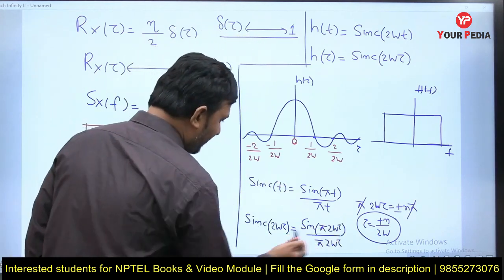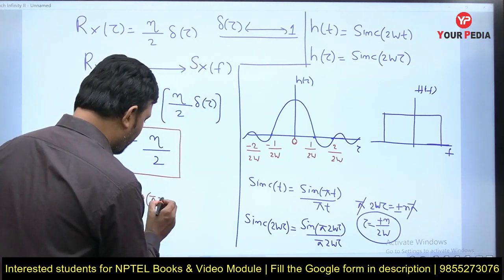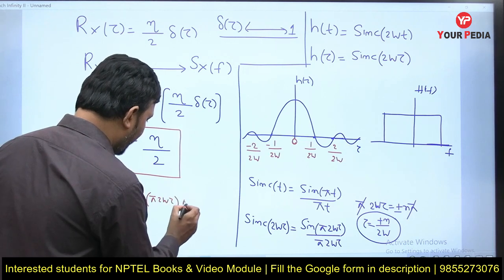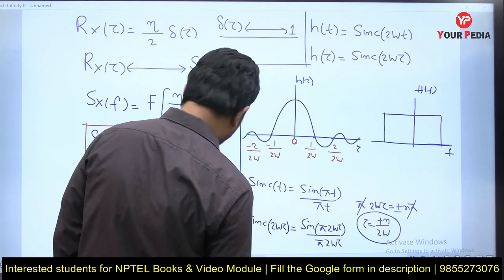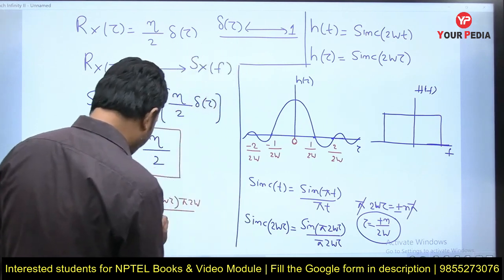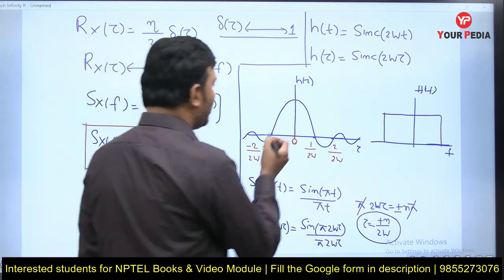What happens if I differentiate the numerator? Cos of pi into 2w tau into pi times 2w, by the denominator with respect to tau, pi 2w. So this gets cancelled. Now substitute tau is equal to 0. This will be 1.